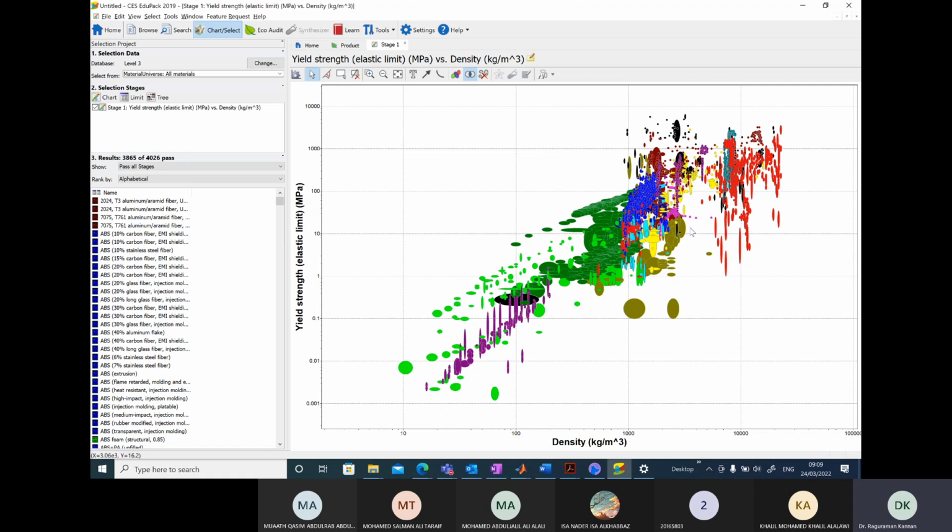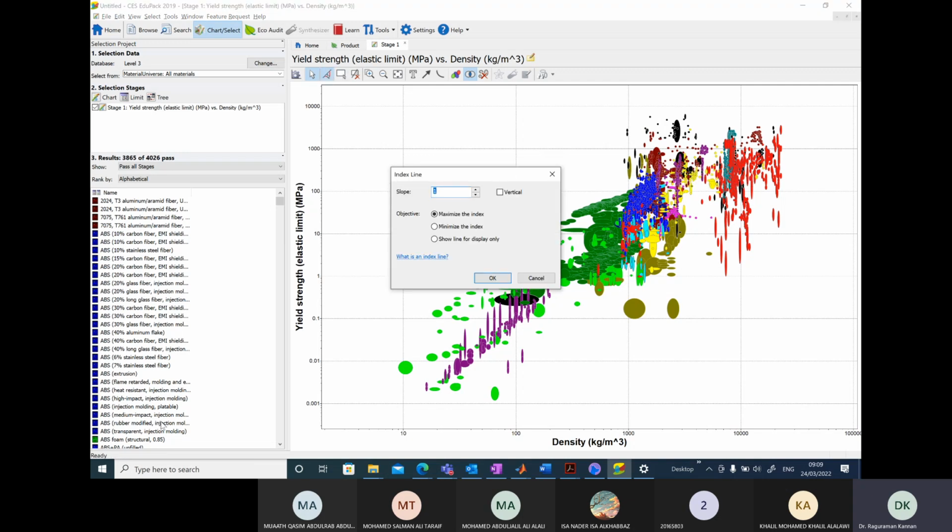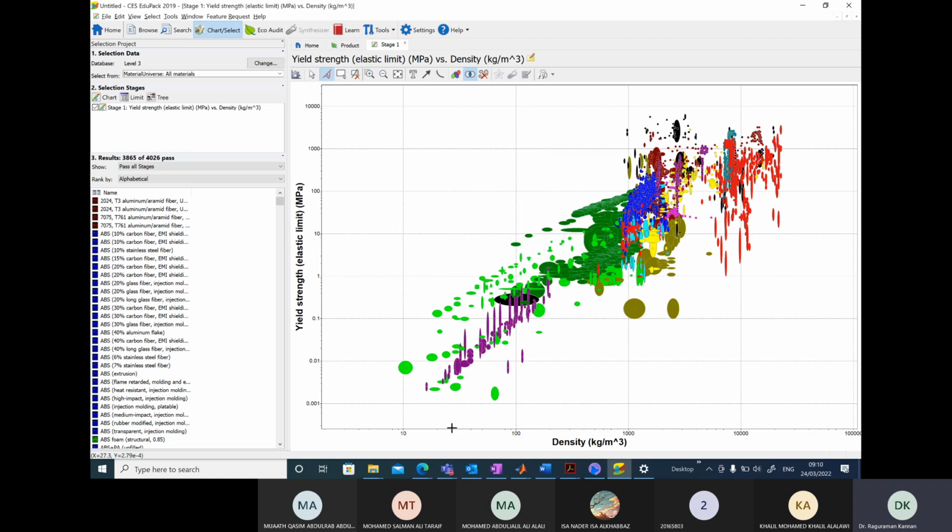So to use these kinds of charts, we definitely need software, otherwise it will be impossible to use them. But still we can draw the guidelines and see on the left hand side pane over here what are the different materials that are available. And let's say 1.5 here, and we want to maximize the index. Draw the same guidelines.